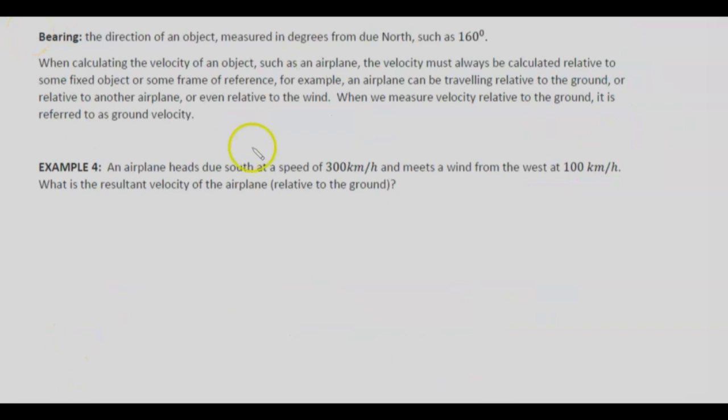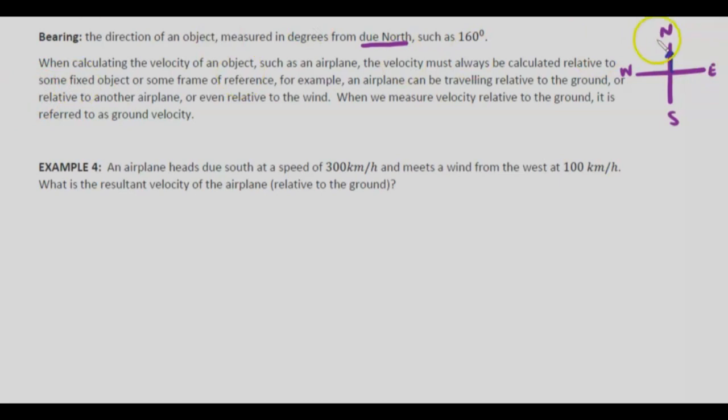Okay, so bearing, the direction of an object measured in degrees from due north, such as 160 degrees. So what this means is that if we had the compass, never eat shredded wheat, we would start due north. Due north means we would start like here, going up.